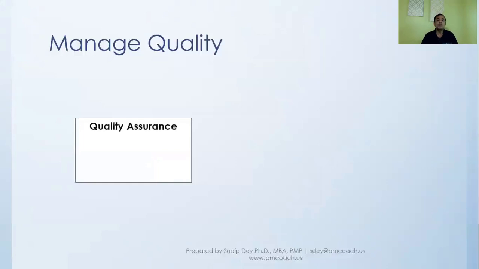Of course, we take into consideration quality assurance, which is about ensuring that we have effective processes in place that will give us a quality product. That is the whole idea of quality assurance.